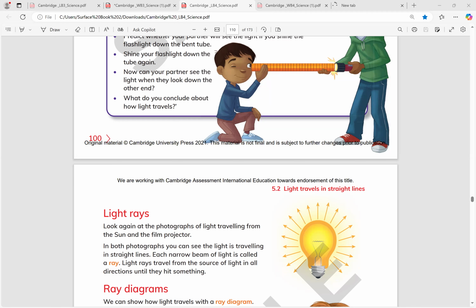That is how light rays are transmitted. They go to your computer. It is known as a ray.